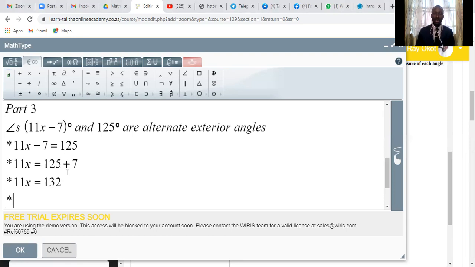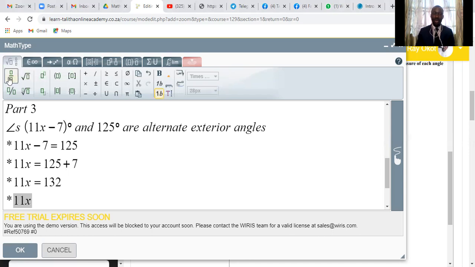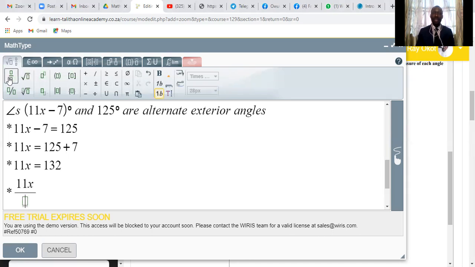Now in the next step, 11x is going to be what? It's going to be divided by 11. Why do we do that? Well, we do that so that we can find the value of x without anything attached to it. Now on the right-hand side, we have 132. Now since we divided 11x by 11, we also do the same to what?